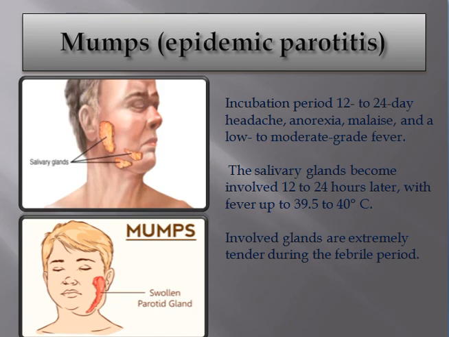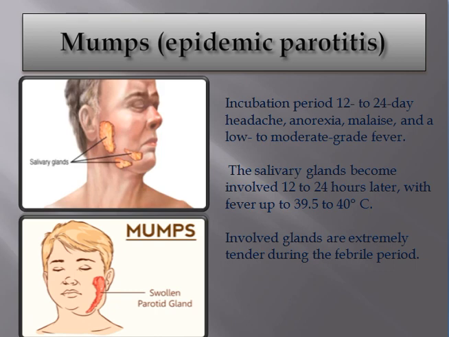The salivary glands become involved 12 to 24 hours later, with fever up to 39.5 and even 40 degrees Celsius. Fever persists for 24 to 72 hours. Glandular swelling peaks on about the second day and lasts from 5 to 7 days.